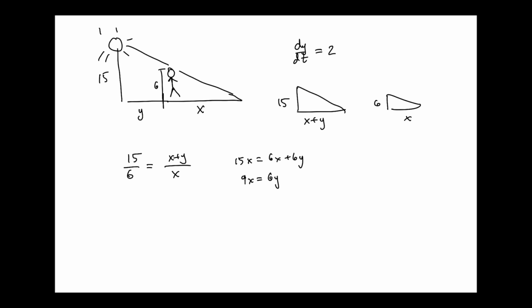All right, so what are we trying to find here? We're trying to find dx/dt, the rate at which the length of the shadow is changing.